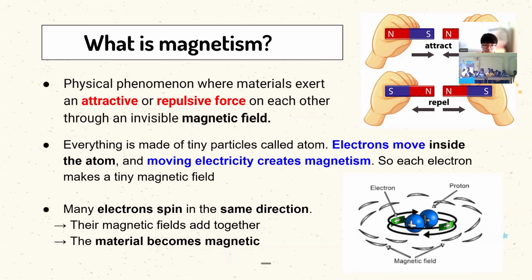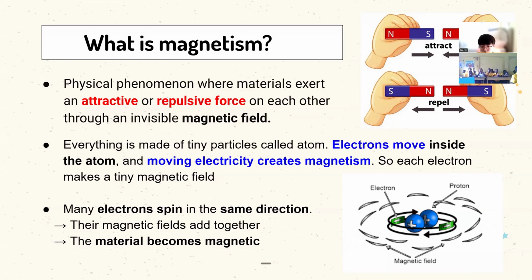So what is magnetism? Magnetism is a physical phenomenon where materials exert an attractive or repulsive force on each other through the invisible magnetic field.